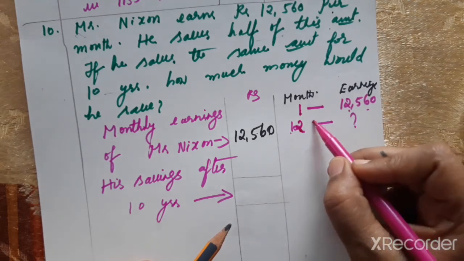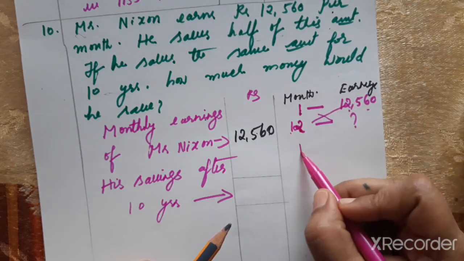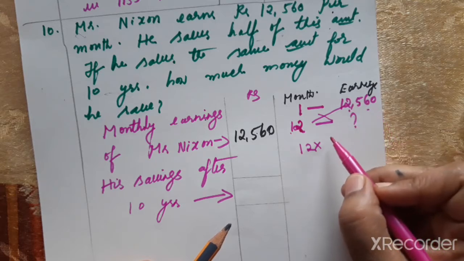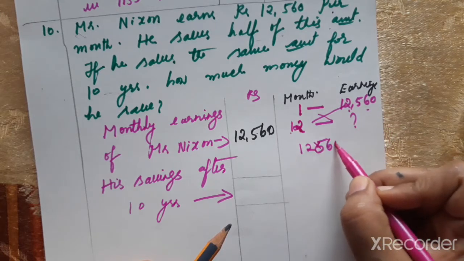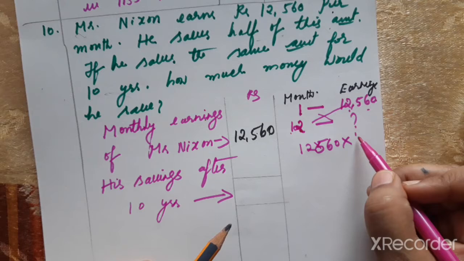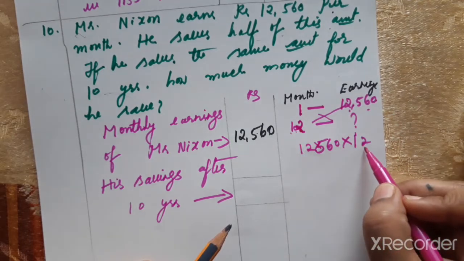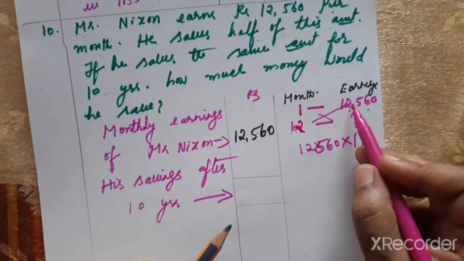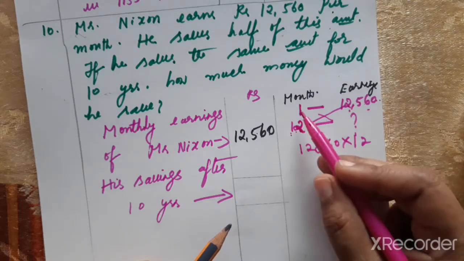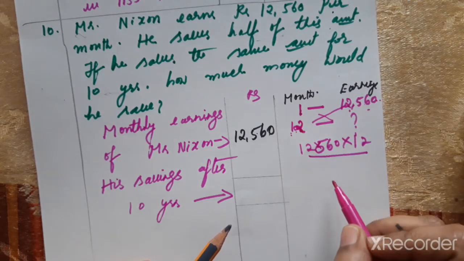How much? Cross multiply. Now 12 into 12,560. We are writing the small number here for easy calculation. 12,560 into 12 divided by 1.